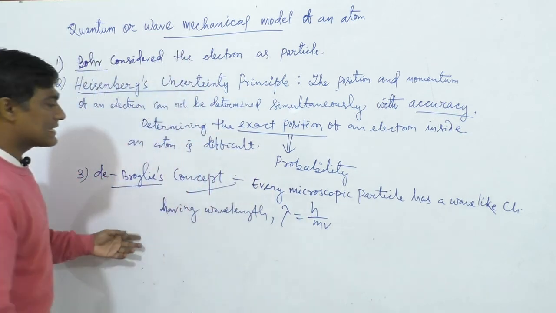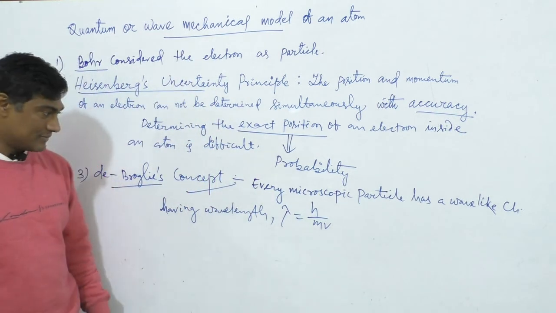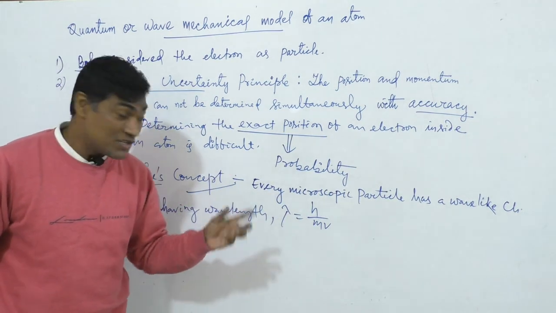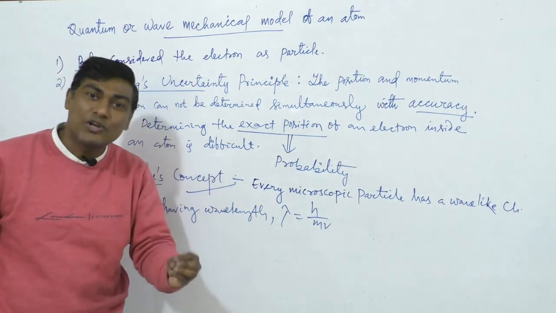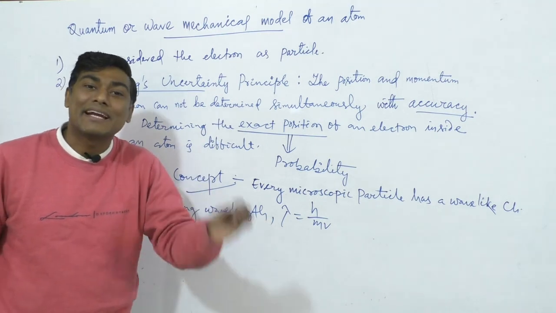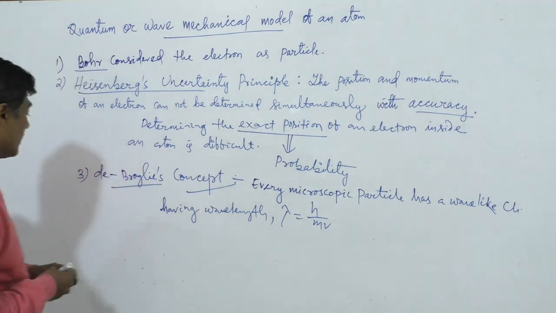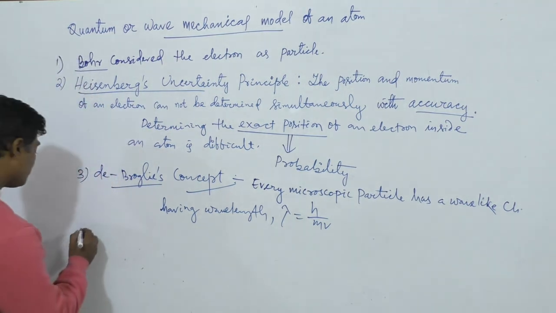So this is the third point. It tells us the electron has wave-like character also, not only particle character.